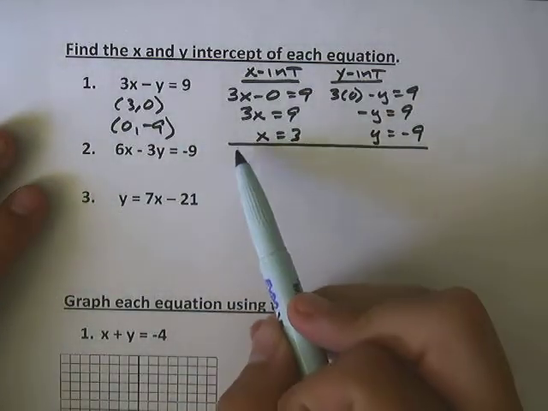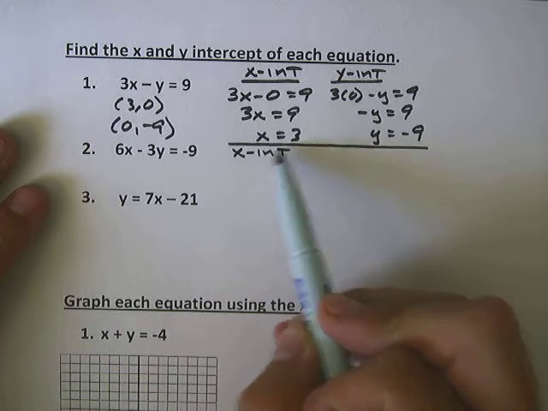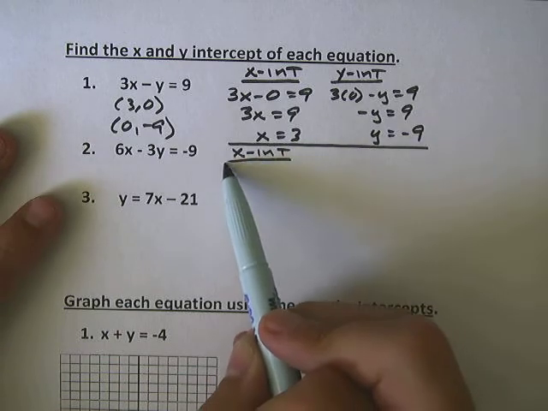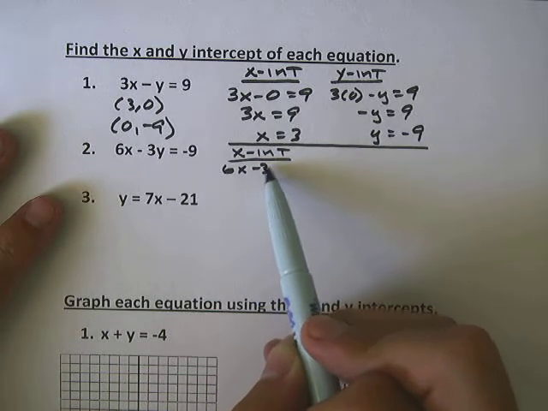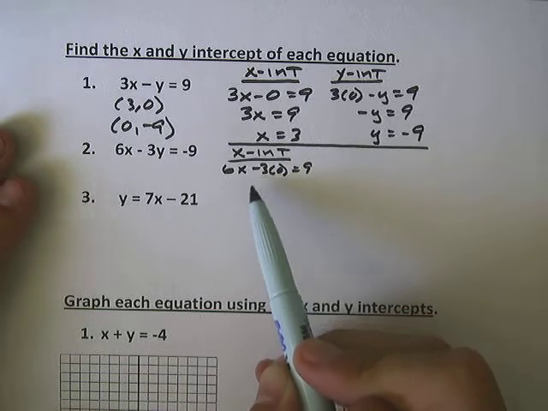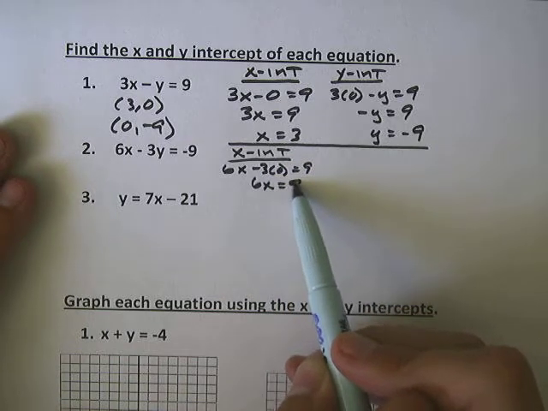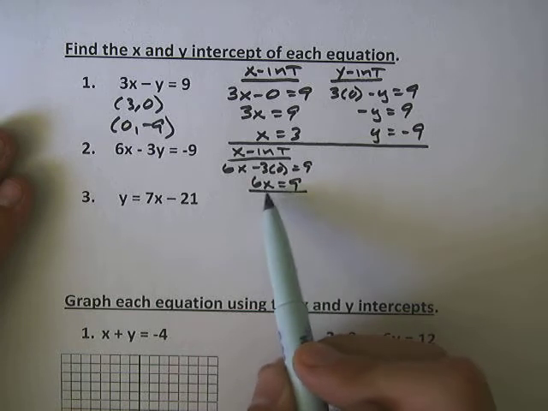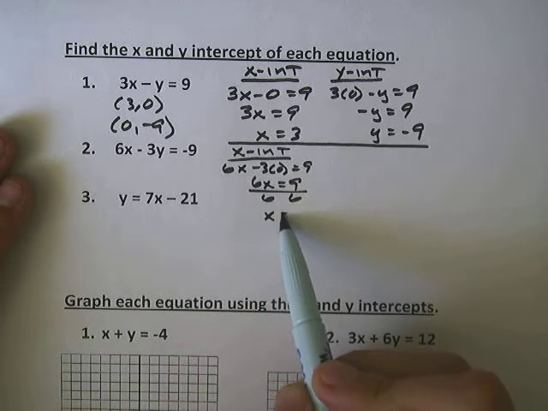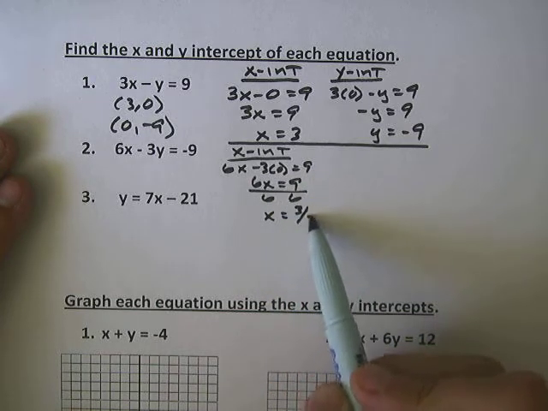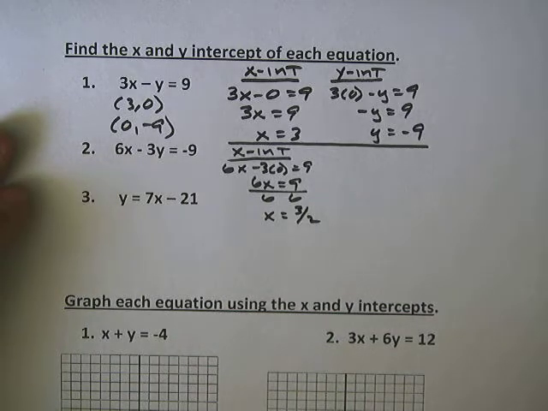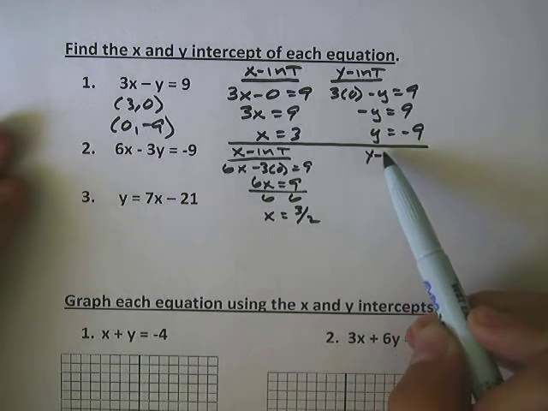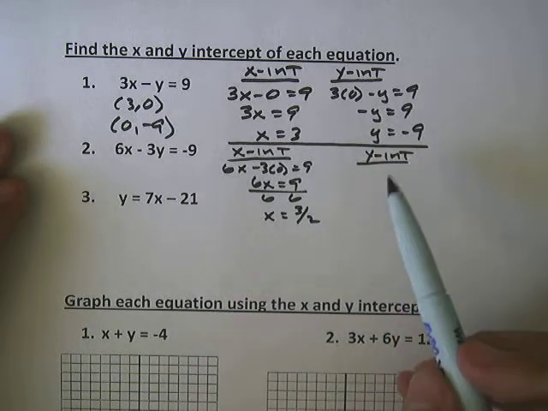If we're going to find the x-intercept, again, I'd plug in 0 for my y. So I get 6x equals 9. Divide by 6. Reduce that a little bit. I believe it becomes 3 over 2. So my x-intercept is 3 halves.